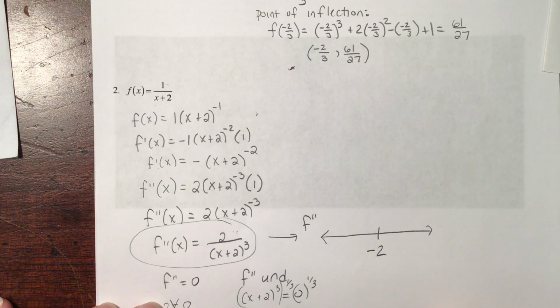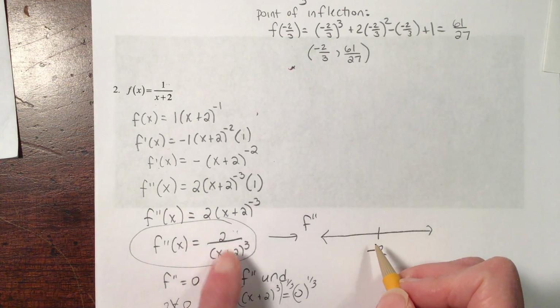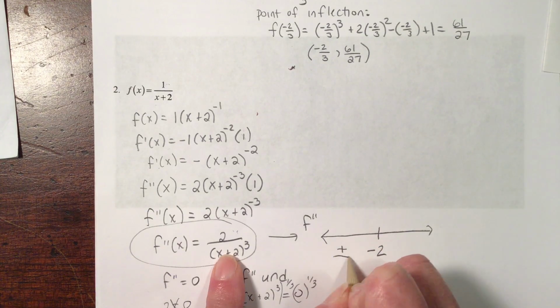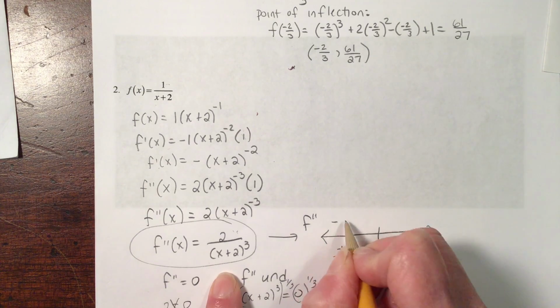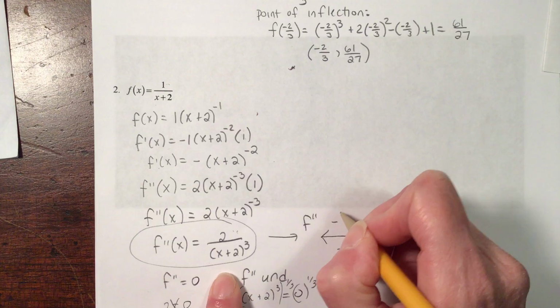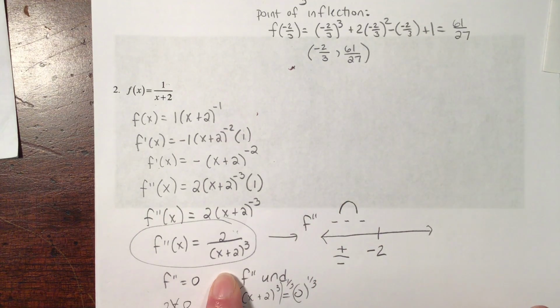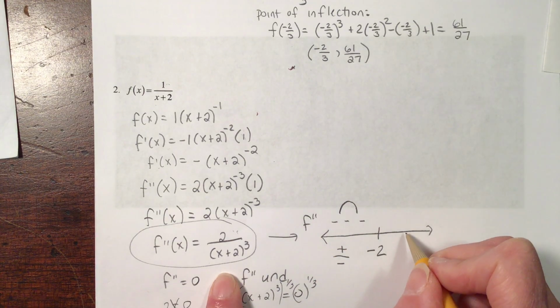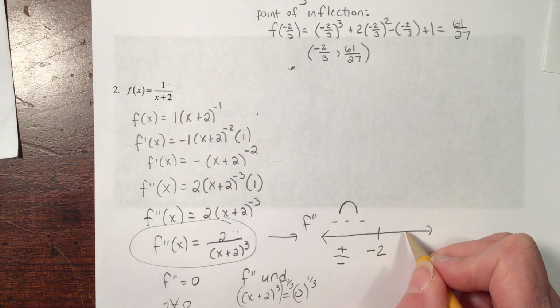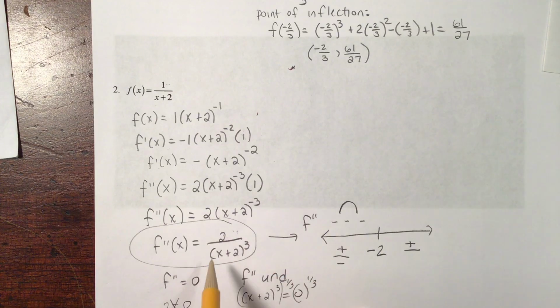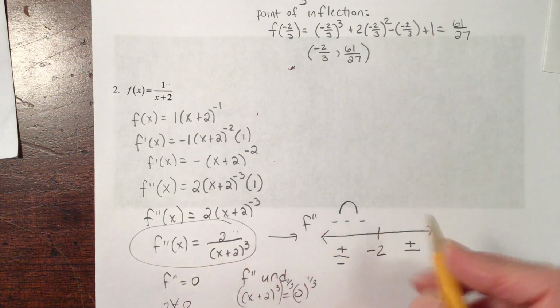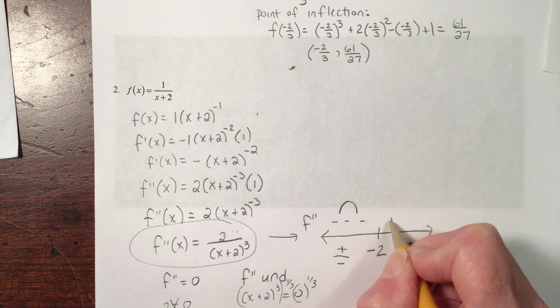What's happening? When I have a number less than -2, my numerator is always going to be positive, and my denominator is going to be negative. So this interval is negative, which means my function is concave down. If I pick a number bigger than -2, my numerator is always going to be a positive value. My denominator, let's say I use 1, cube a positive, get a positive.